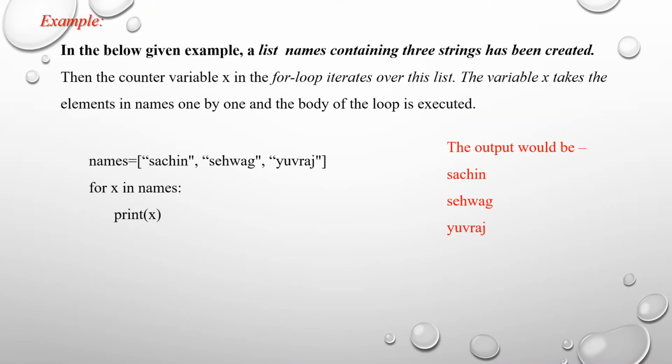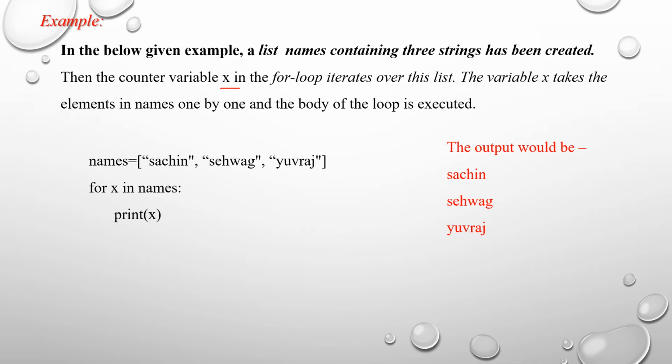Let's consider one more example. In the example given below, a list named names containing three strings has been created. Then the counter variable x in the for loop iterates over this list. The variable x takes the elements in names one by one, and the body of the loop is executed.